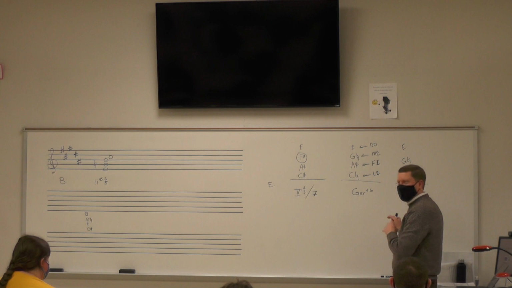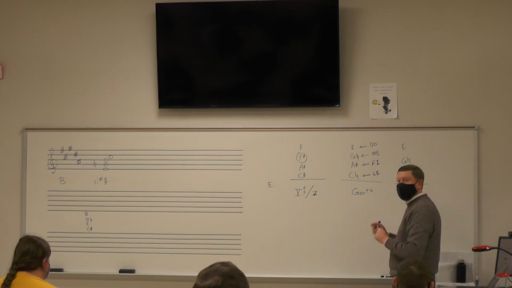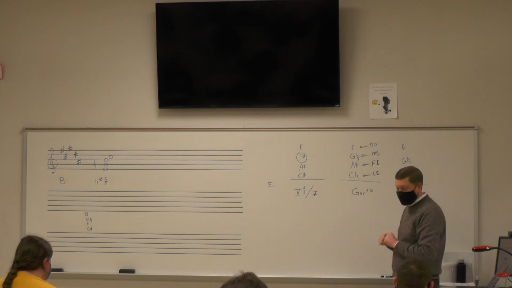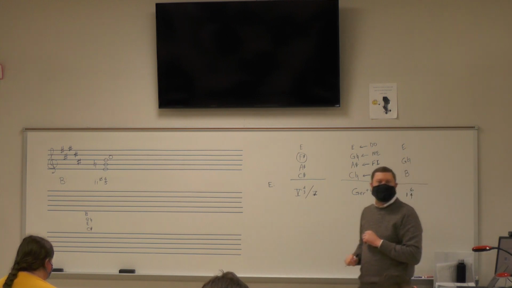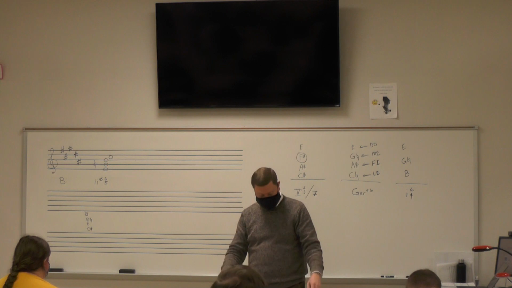No, you don't have to do anything like that. Just the quality, the type of the Roman numeral, is enough to show that it's borrowed from the parallel. So if we put 6-4 behind that. Oh, I'm sorry, yes, I forgot the inversion, thank you. It's i 6-4. I was just so excited about the fact that it's a borrowed one.